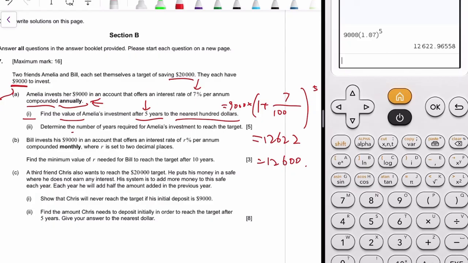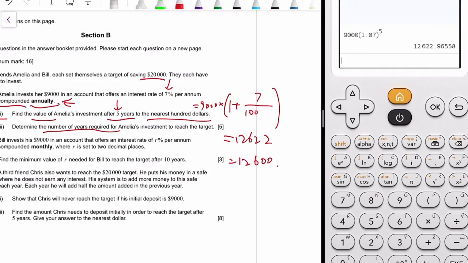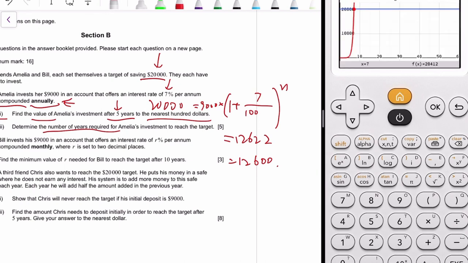Now the question is, how many years do you need? So you're looking for n. It's basically the same formula, except you change the 5 into an n, and her target is to get $20,000. Again, we use a graph to solve this.